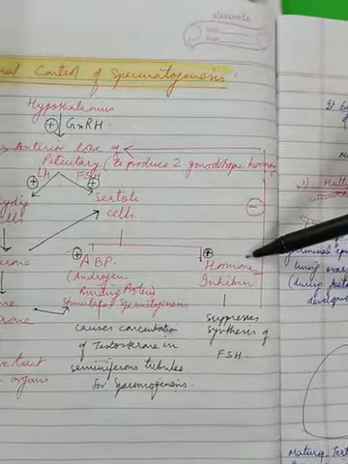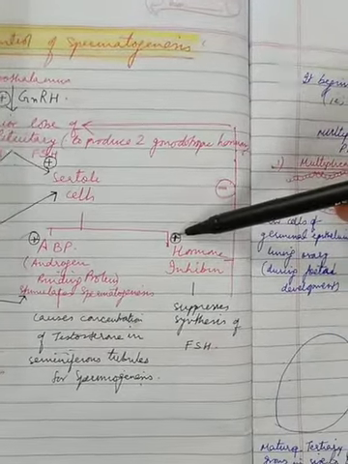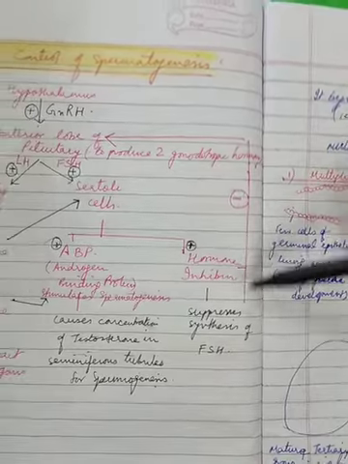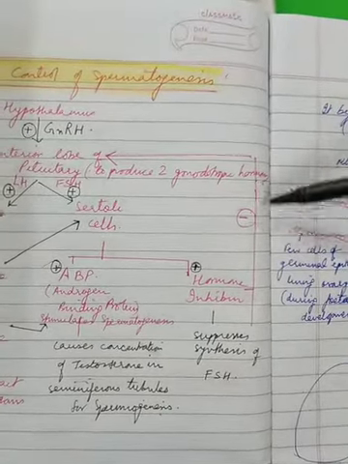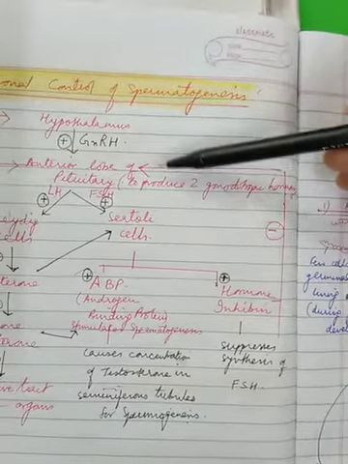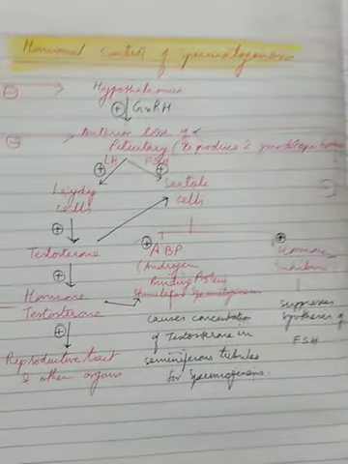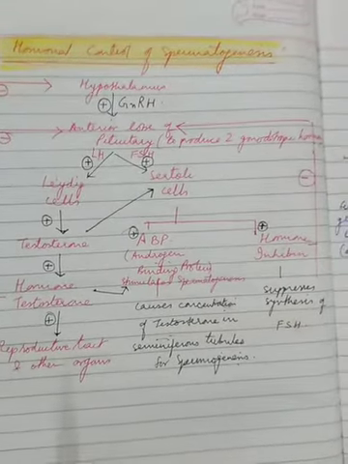Whereas the second hormone, that is the inhibin, this suppresses the synthesis of FSH by the anterior pituitary. And overall we can say the normal release of testosterone is under the negative feedback control.